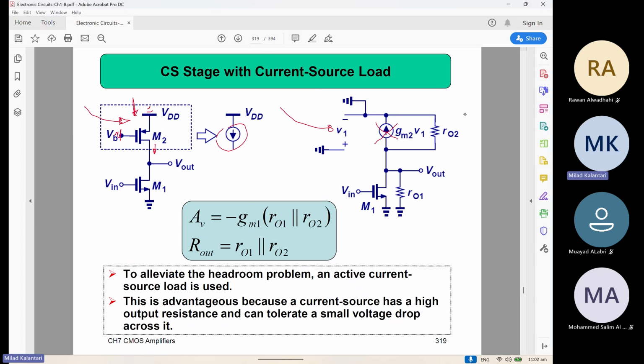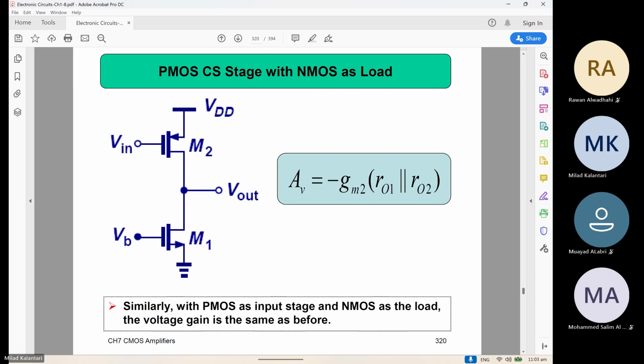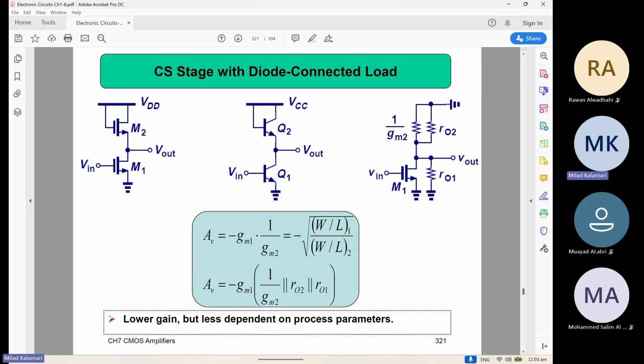And whatever is left is just RO2 from the top device, which is considered like a big resistor. After doing that, the whole gain for the bottom device, which is a common source, is just GM RO1 in parallel with RO2. This is the highest gain possible to reach from this common source, right?